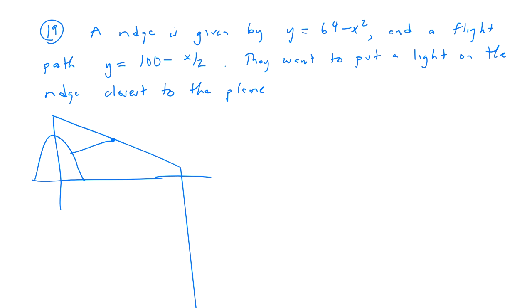As close as the flight path is going to get to that ridge. So first, they present it as these are both y in terms of x. But the x's don't have to be the same. So let me put them as points.